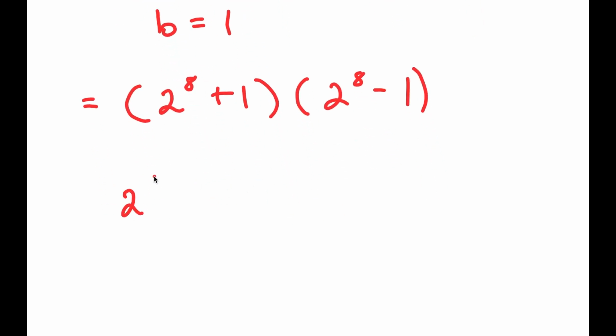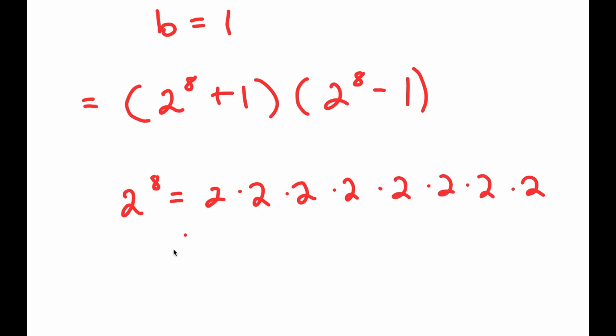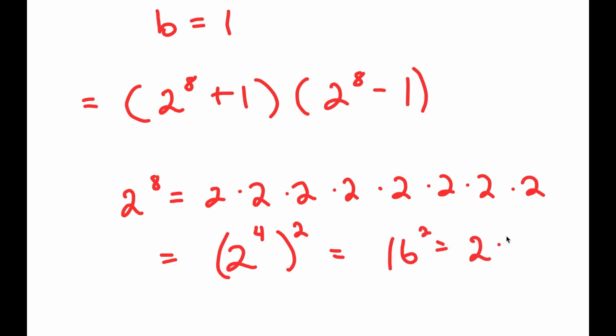Now 2 to the power of 8 is equal to 2 times 2 times 2 times 2 times 2 times 2 times 2 times 2. This is the same thing as 2 to the power of 4 squared. 2 to the power of 4 is 16, so this is 16 squared, which is 256.